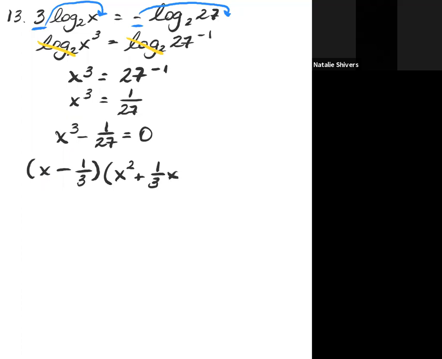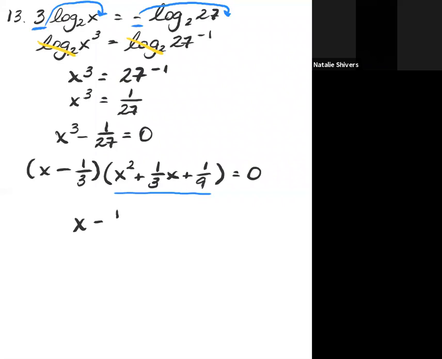And we square the back term, 1/9. Okay, this back trinomial is not going to give us a factor at all. So we're only going to set the front one equal to 0. So x equals 1/3.